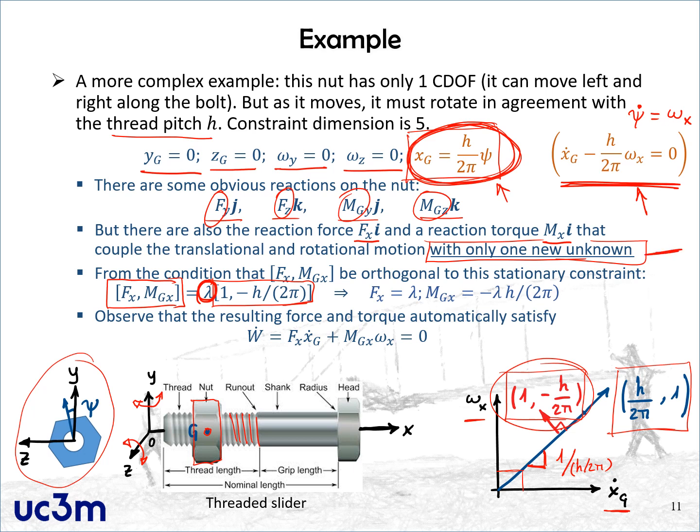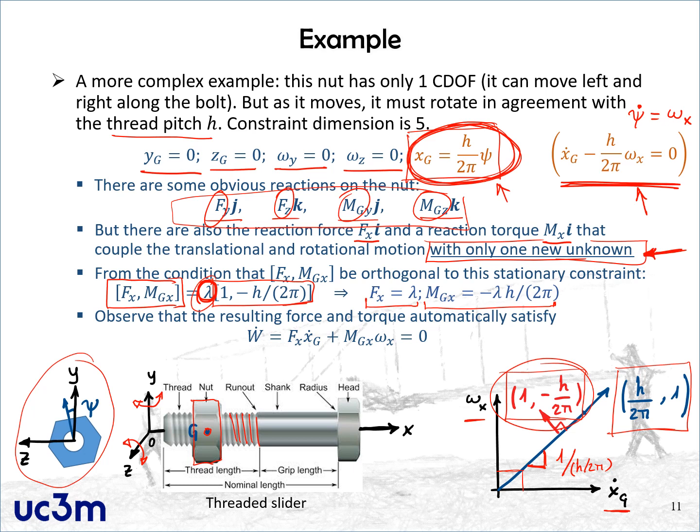This is the unknown factor that we were referring to before. So from here we can solve for fx and mx, and you see that they take this form. Here you can clearly see that they are linked together. They are not independent because they depend on the same unknown variable lambda. So this is a dimension 5 constraint. In total, it involves 5 extra unknowns, the 4 that you have over here plus lambda.